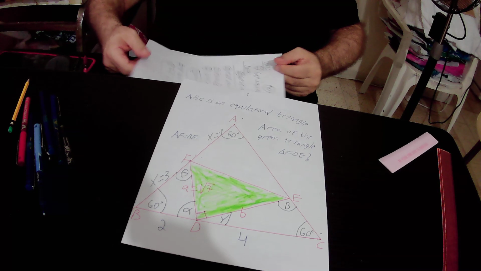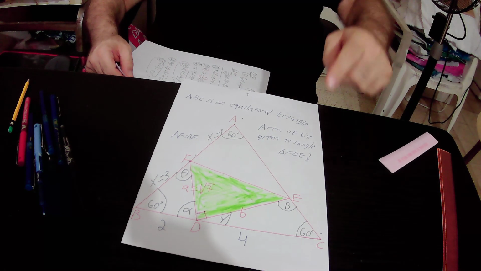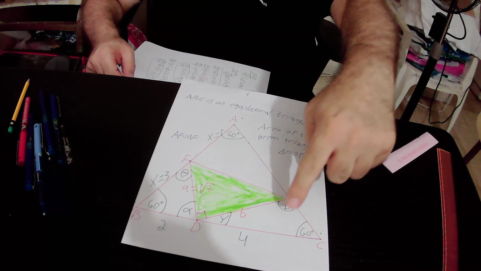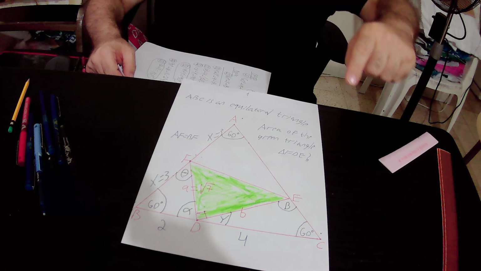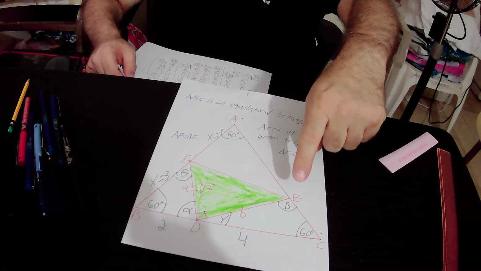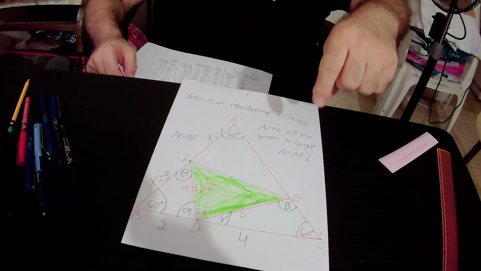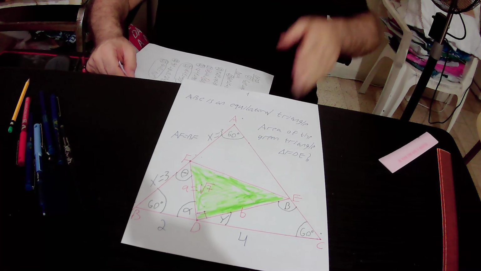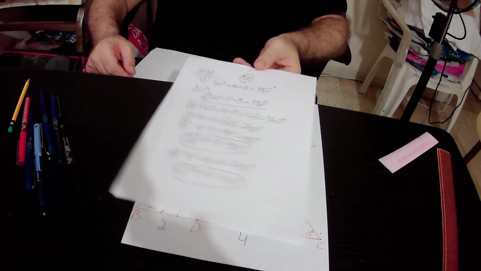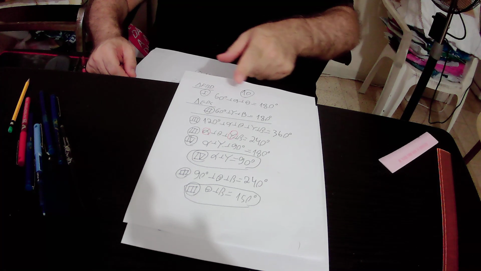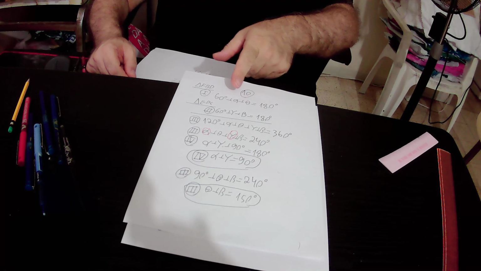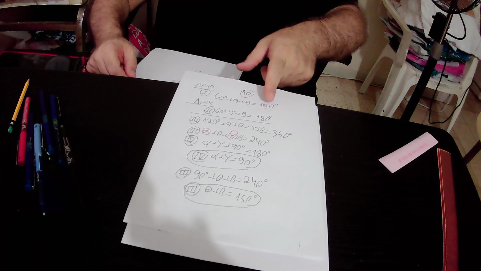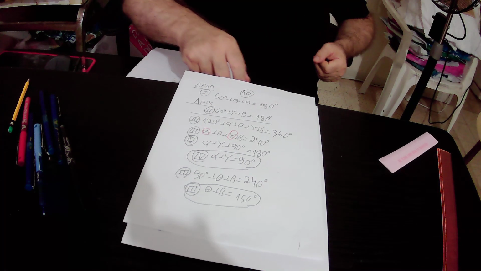Then we created the second equation in relation to triangle EDC. It states that the sum of the angles in triangle EDC equals 180 degrees also.